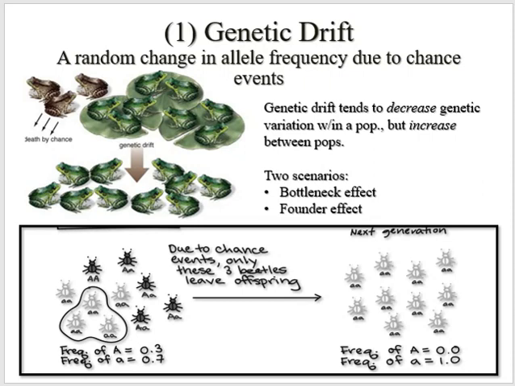But when we talk about the allelic composition of these populations, each population follows its own unique trajectory or unique evolutionary path.